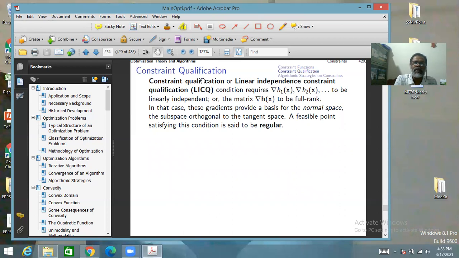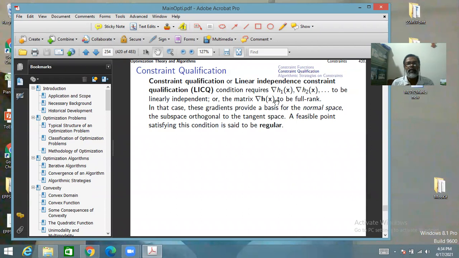That is constraint qualification. So the constraint qualification condition requires these gradients of the active constraints at the point to be linearly independent, or this matrix which we constructed should be full rank. Now it cannot have rank more than n because it is an n by m matrix. M is never greater than n, typically it is less.